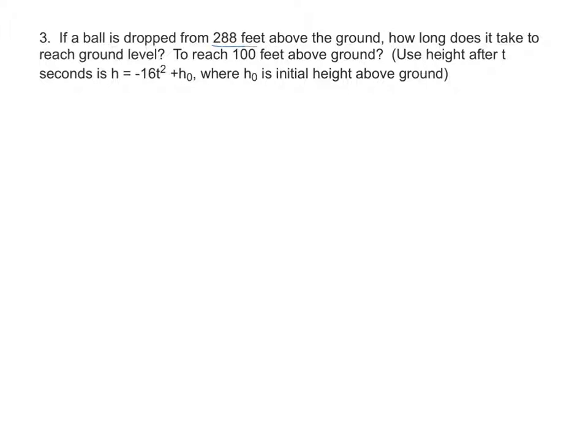In this case, it's 288 feet above ground, so that means our h naught is 288. And I want to figure out how long it takes to reach ground level. So what would be my height after t seconds if it's at the ground? My height's going to be 0. So I just have to set 0 equals negative 16t squared plus 288.